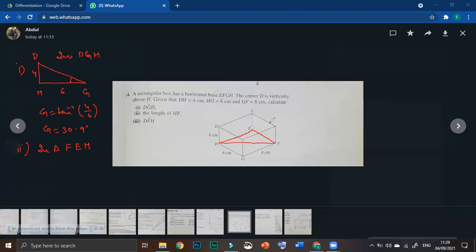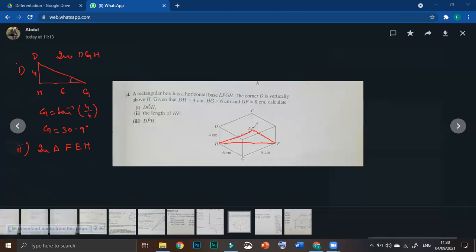We are using the triangle HEF. EFGH is the floor of your room.